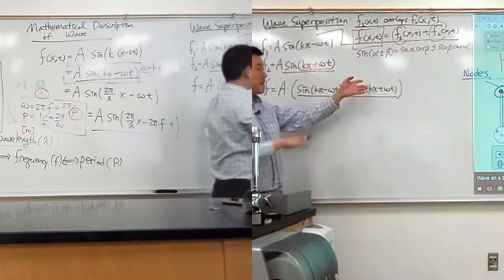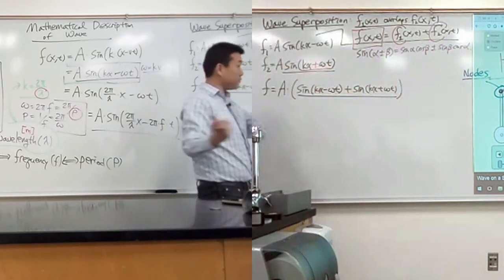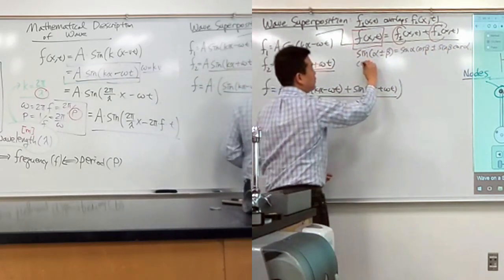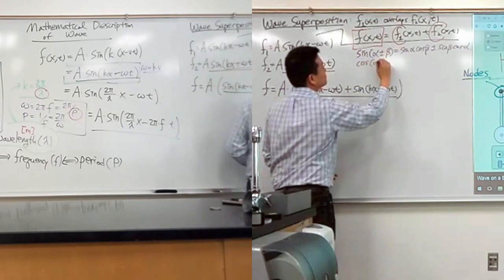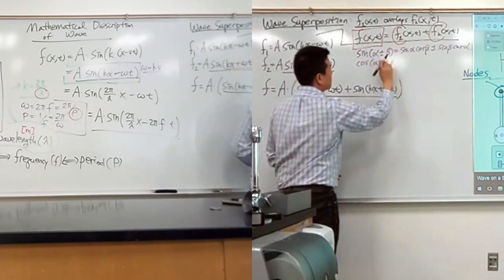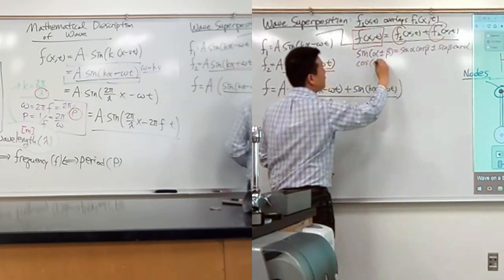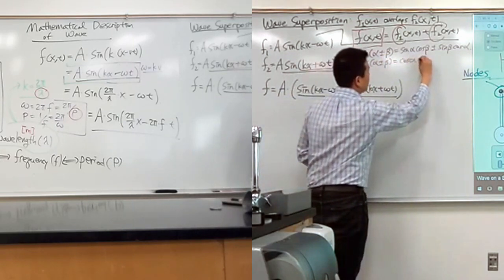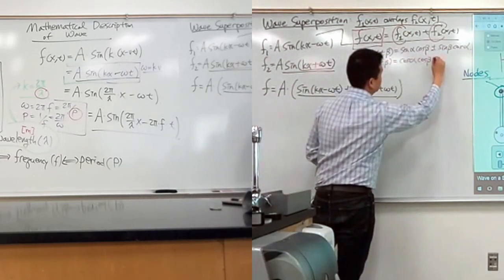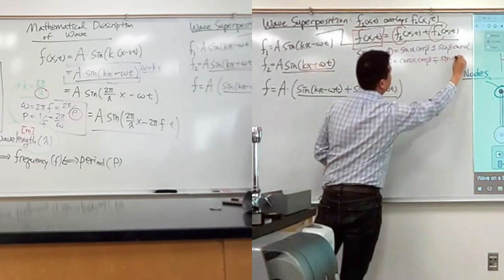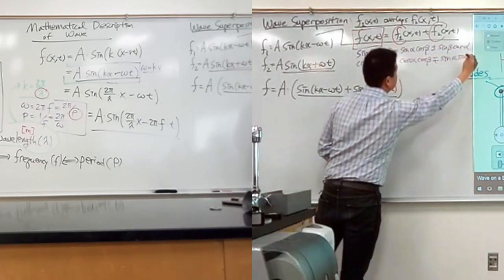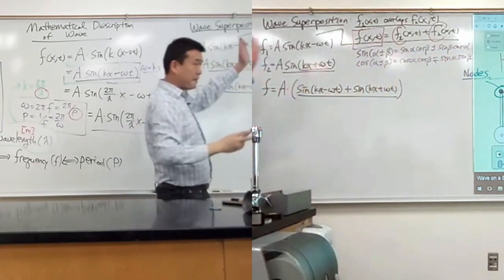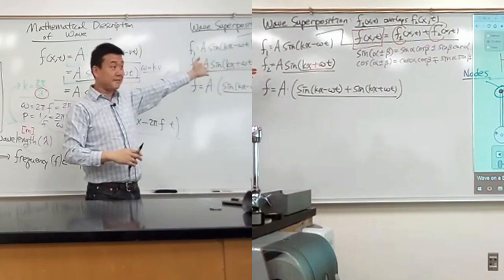But let me write down the other one too in case you need it in the future. Cosine of alpha plus minus beta is equal to cosine of alpha cosine of beta minus plus sine of alpha sine of beta. Does this sound familiar? If you don't have it memorized, you have seen it before at least?